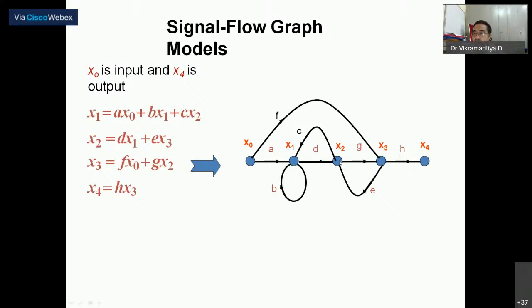Another starts from x2, goes to x3, and moves through this feedback path, coming back to x2. This is the second loop. Another loop starts from here like this, and this is your third loop.